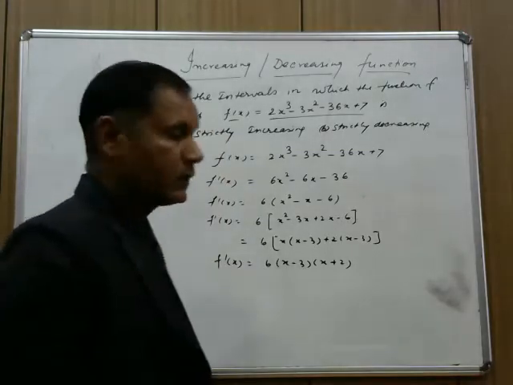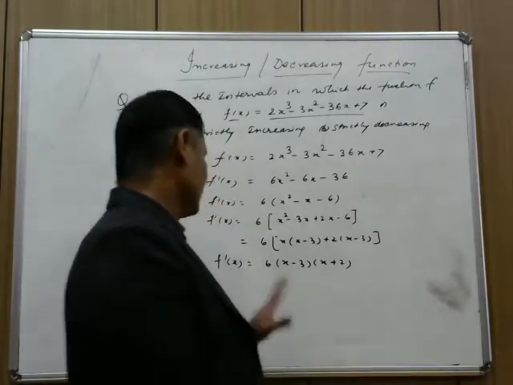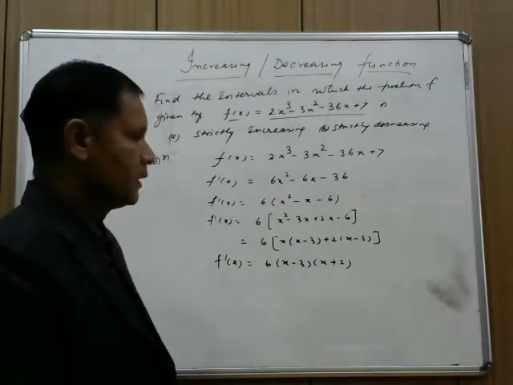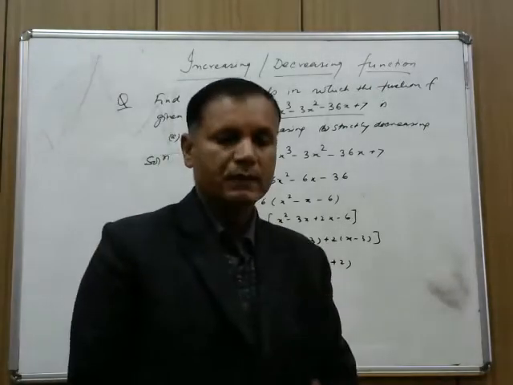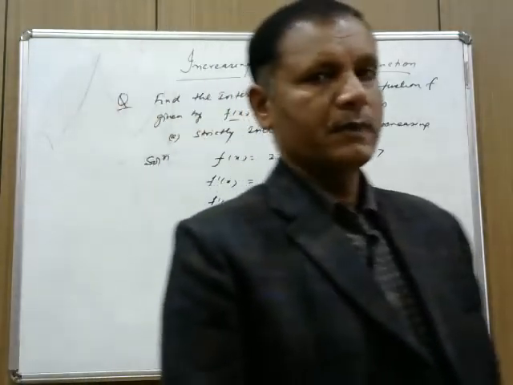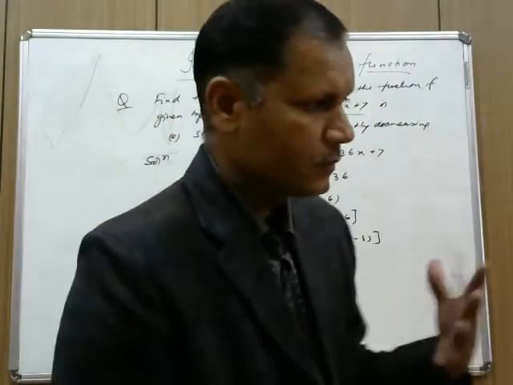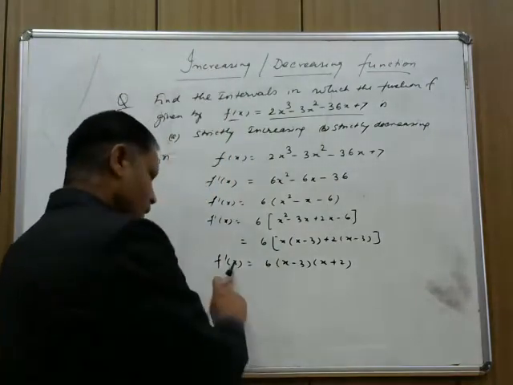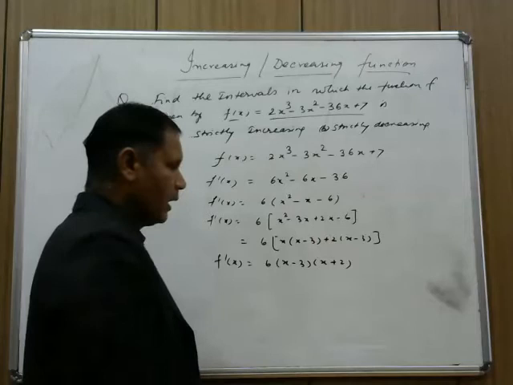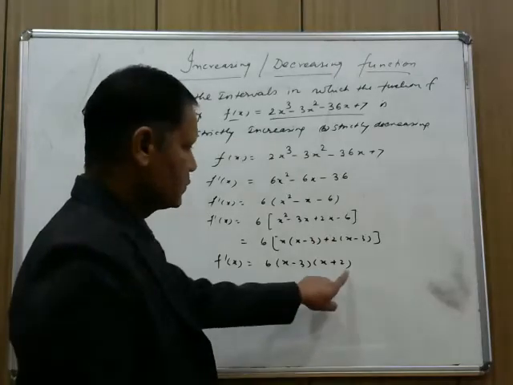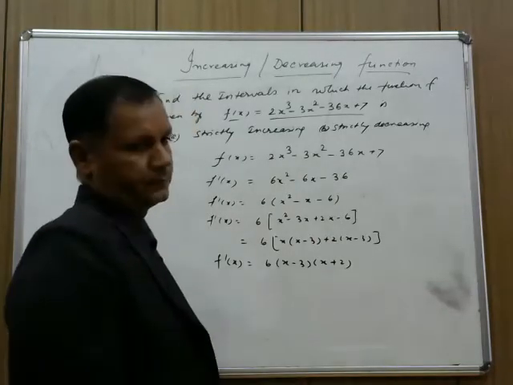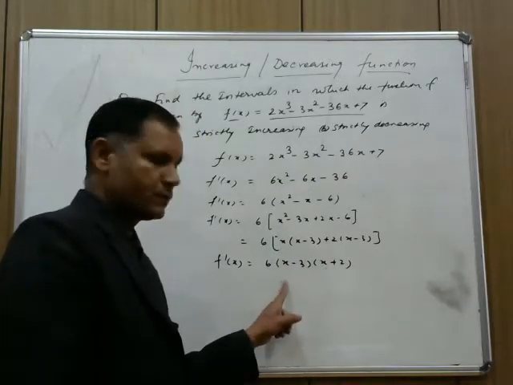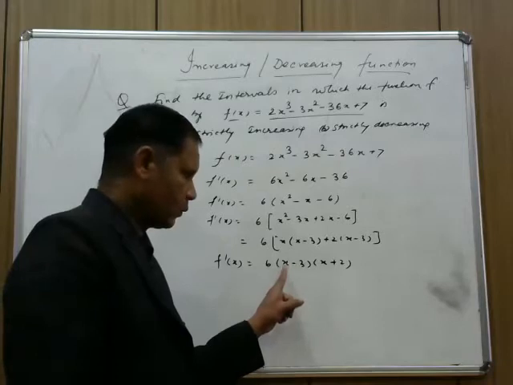Now we have to find out the interval in which the given function is increasing or decreasing. Here I am going to use two methods, two ways. Please listen and try to understand very carefully. It's very interesting. Now f dash of x becomes 0 at two points, when x is equal to minus 2 and x is equal to 3, because when I put x is equal to minus 2, the whole term becomes 0, and when I put x is equal to 3, the whole term becomes 0.